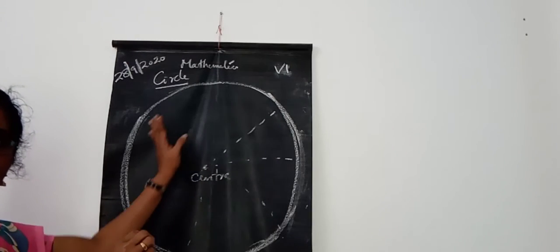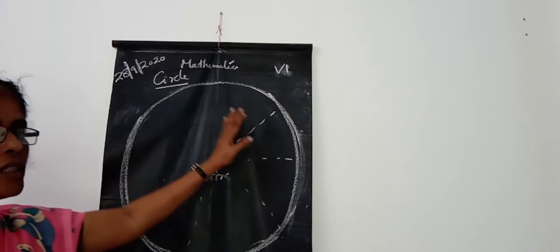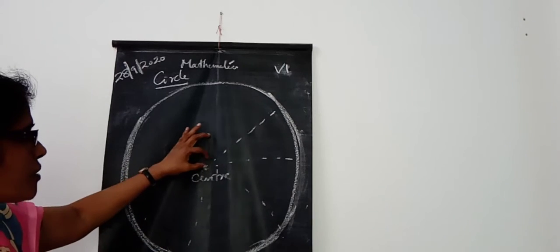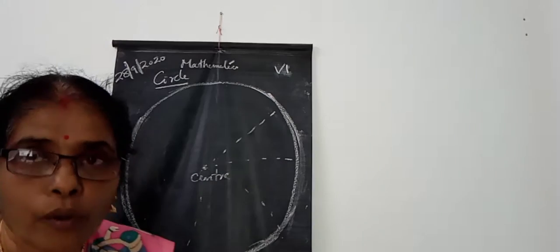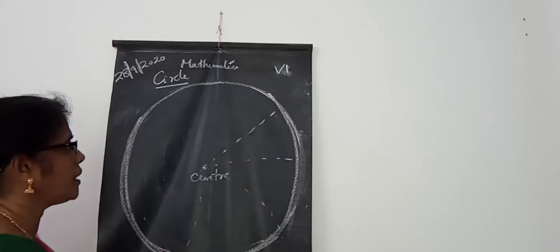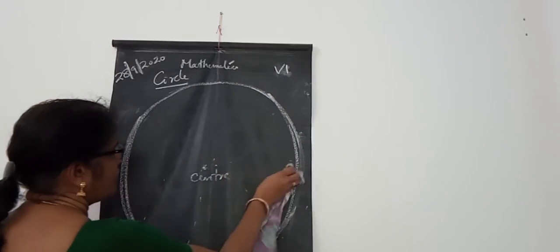The distance from the center to the circle, in the interior part of this circle, is equal.